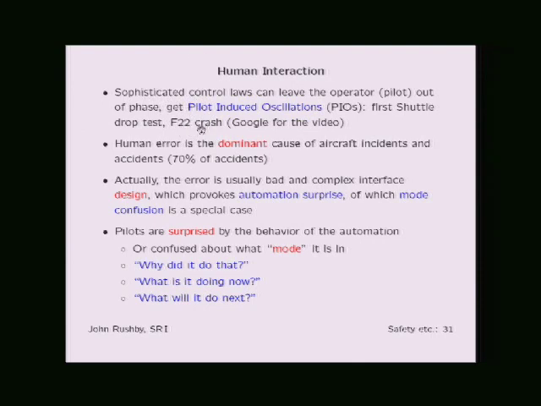a short 2-minute clip of an F-22 that's flying, and then at some point its tail starts just violently shaking up and down. Let me try to find it right now, because it's instructive.